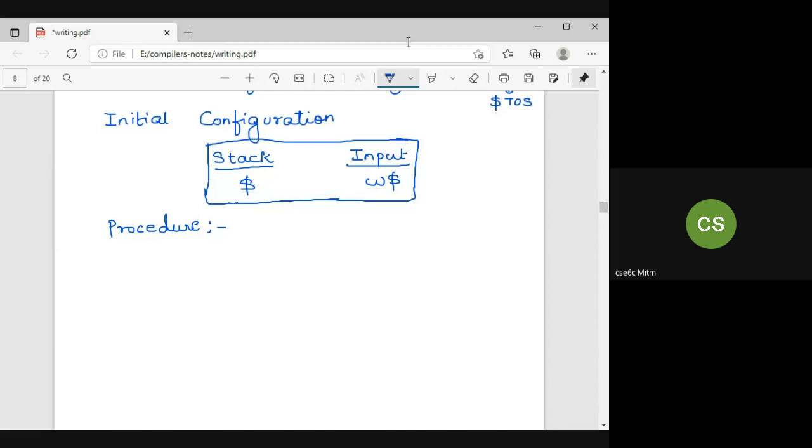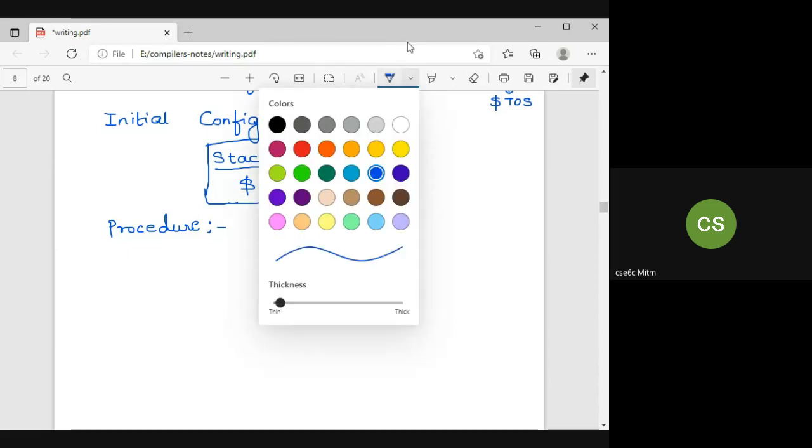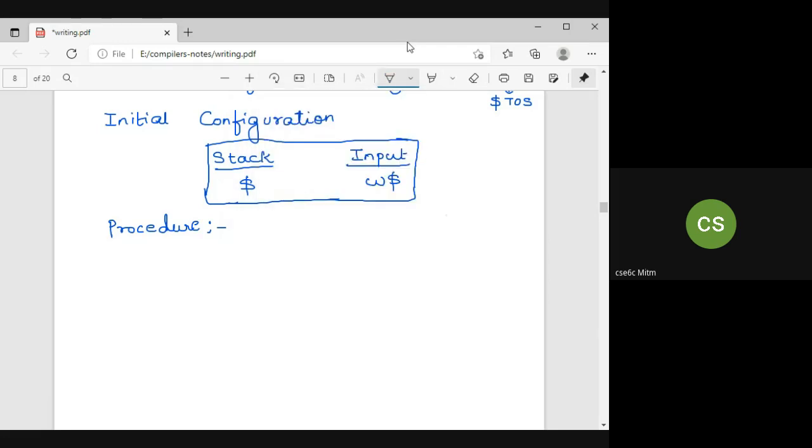So basically what happens is, from the input symbols, you're going to shift them into the stack. So that is the shift operation.